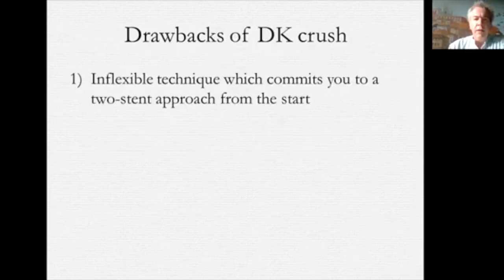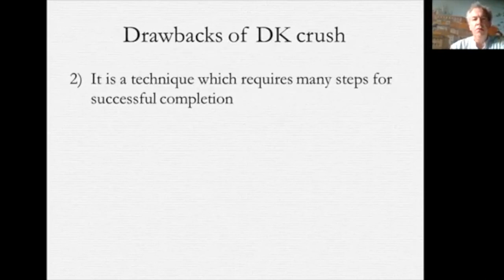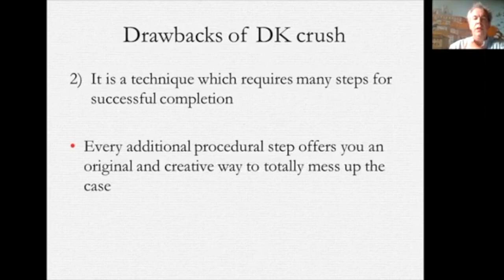There are some key drawbacks to the DK crush. It is inflexible because it does commit you to two stents from the start. It does require many steps for successful completion. It is quite a complex approach, and each procedural step that you add does offer you an original, novel, and potentially creative way to totally mess up your case.